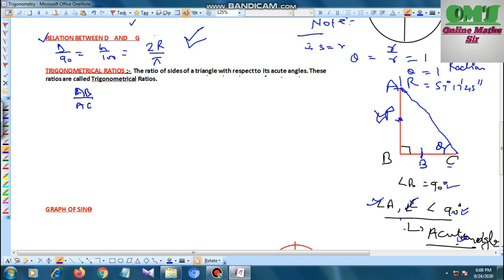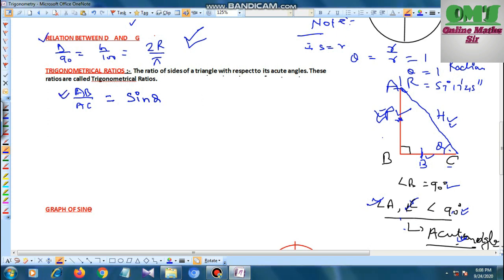So here the opposite side of theta is perpendicular, and the other side BC will be base, and the opposite side of the right angle is always hypotenuse. So hypotenuse is AC. So this ratio AB upon AC is called sine of theta. Sine theta equal to AB upon AC.